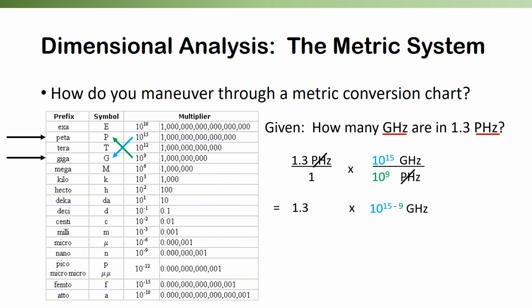Because remember, when we're dividing powers, or when we're dividing exponents, we're just going to subtract the powers. And that's really simple. So with this, now all we have to do is subtract 9 from 15 and rewrite our equation, which would be 1.3 times 10 to the 6th gigahertz. How easy was that? So simple. And we used our chart.